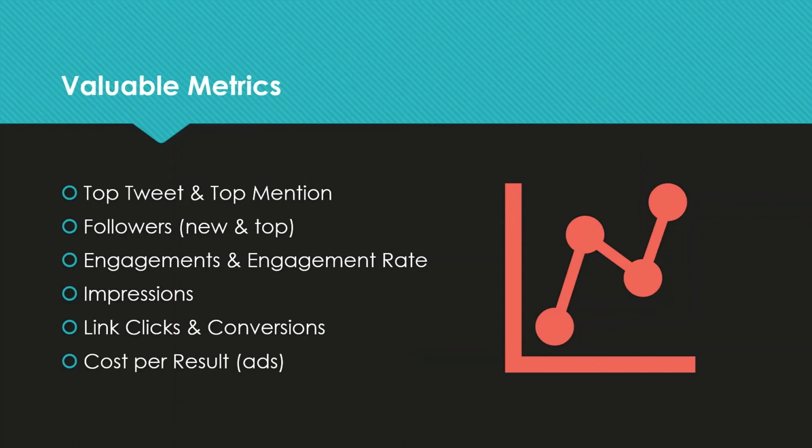Your top tweet and your top mention, your new follower count and who your top followers are, the engagements and engagement rate, your impressions, people who have clicked your links and actually gone to the websites you are linking them to.